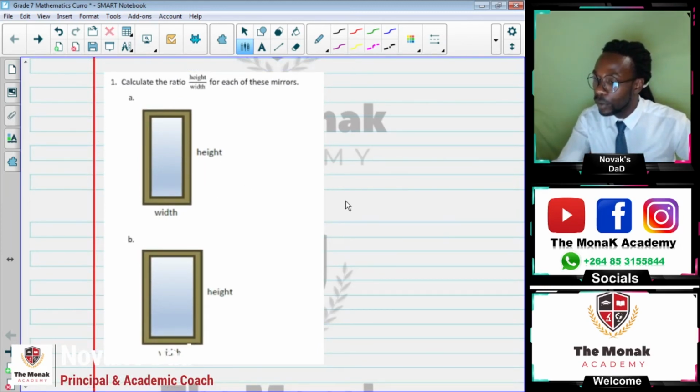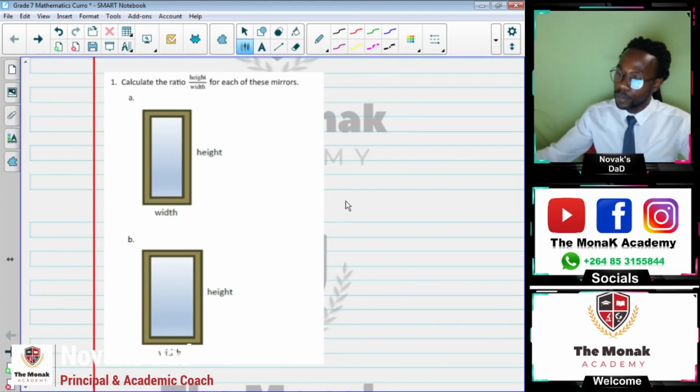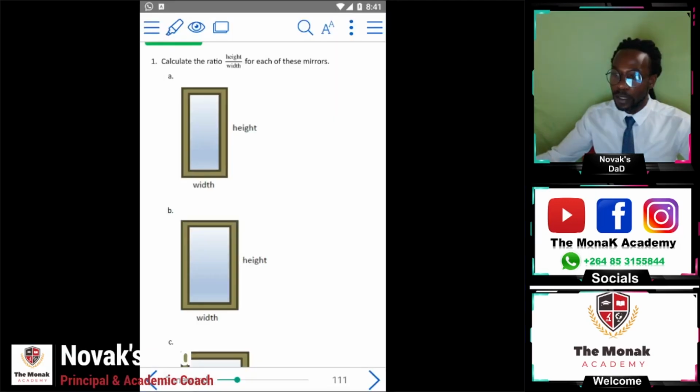They said height over width, so it's clear. Do we have any numbers now?